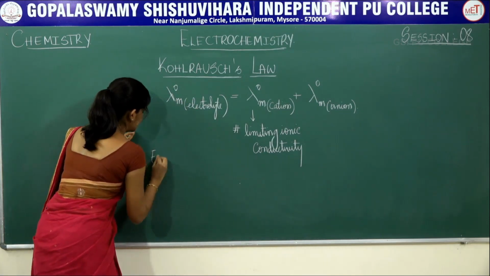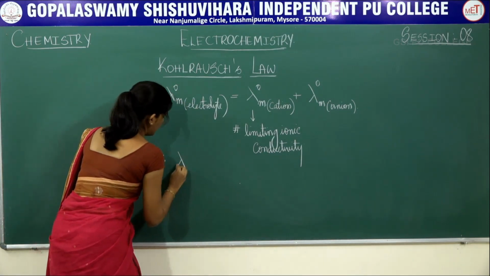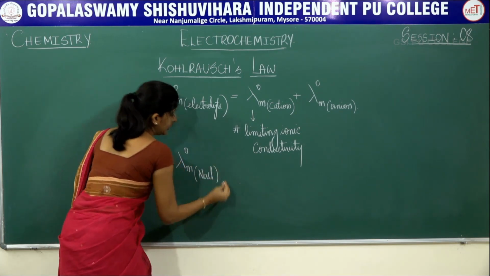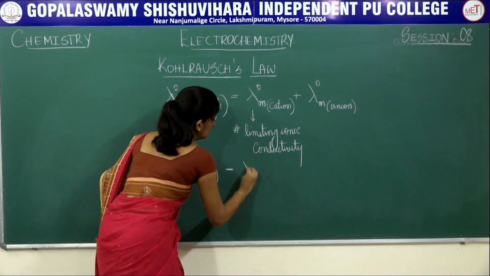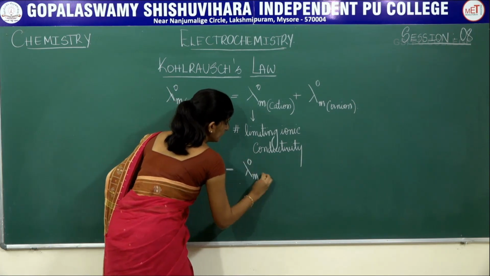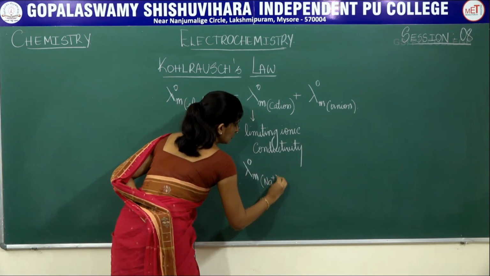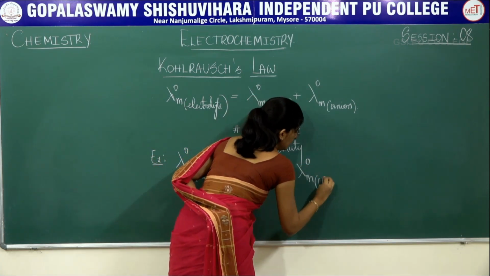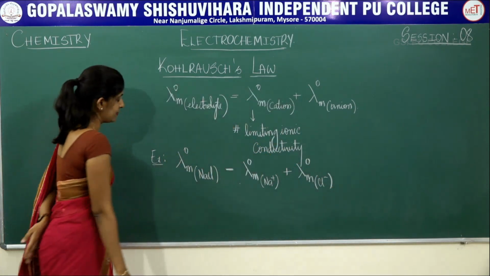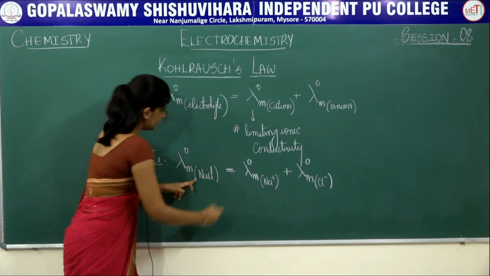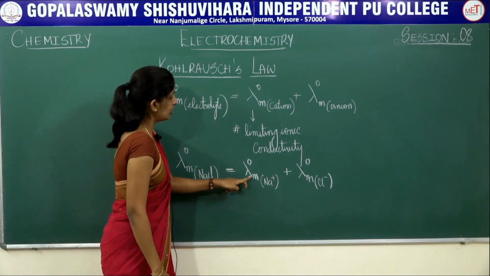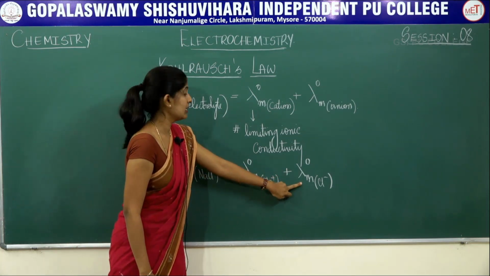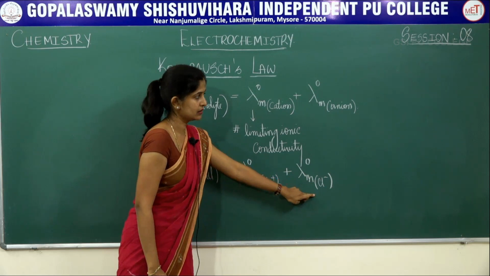Say for example, I take lambda m naught of NaCl. I can write it as lambda m naught of Na plus plus lambda m naught of Cl minus. So this is an example of a strong electrolyte, NaCl: the limiting ionic conductivity of sodium ions plus the limiting ionic conductivity of chloride ions.